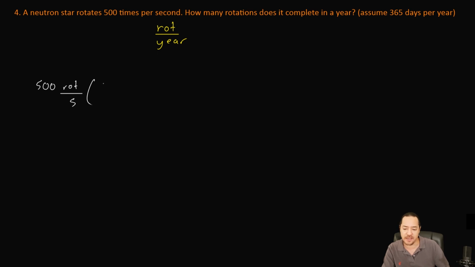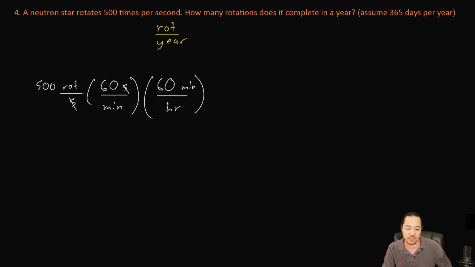Okay, so we need to get seconds in the numerator, right? So we'll say there are 60 seconds per minute. And that allows us to cancel out the seconds and change it into minutes. And then we also have 60 minutes per hour, canceling out the minutes, getting us hours.